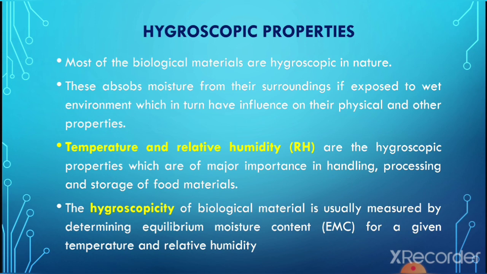Or when the vapor pressure of the grain is more than the vapor pressure of the water vapor surrounding it, then it loses moisture content. So this property of losing and gaining moisture according to the atmospheric temperature and relative humidity is called hygroscopicity.